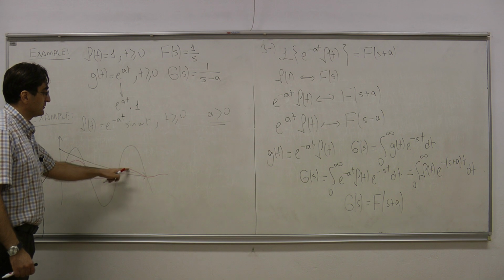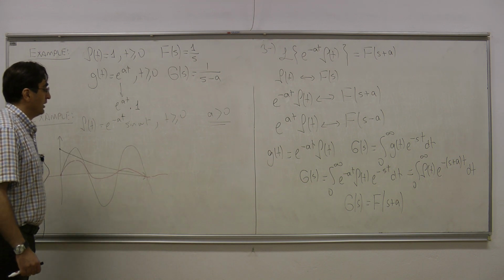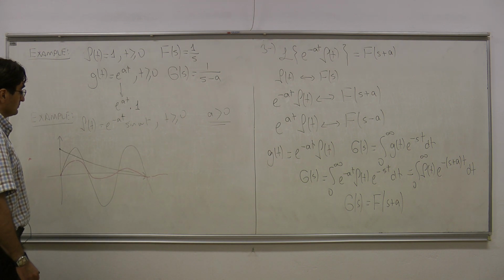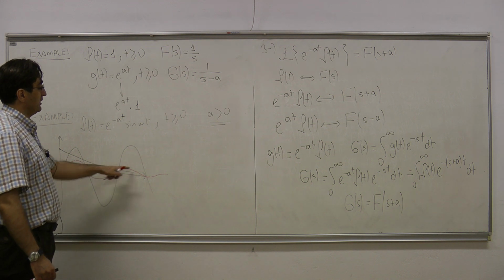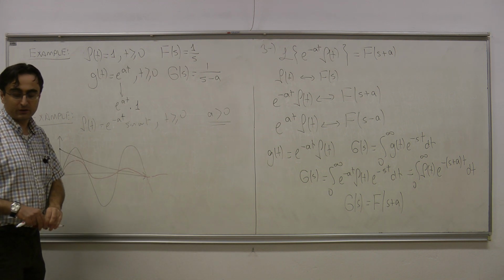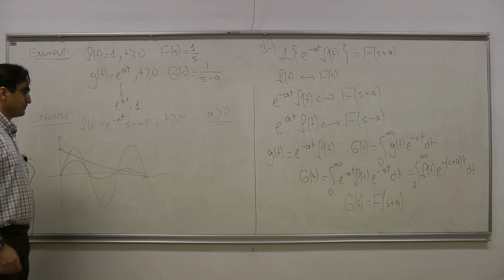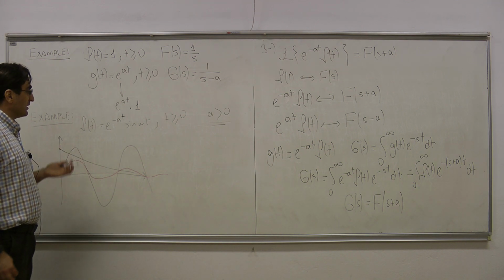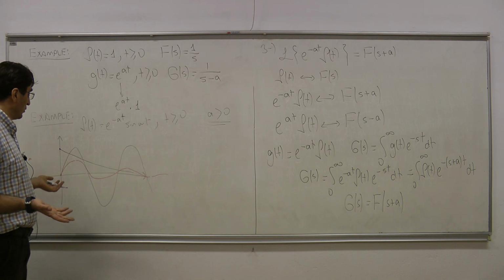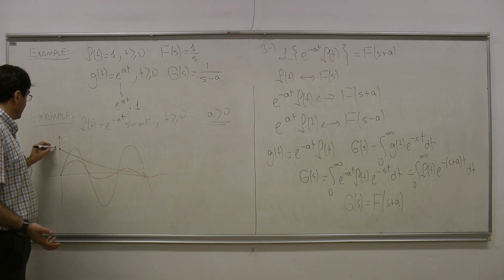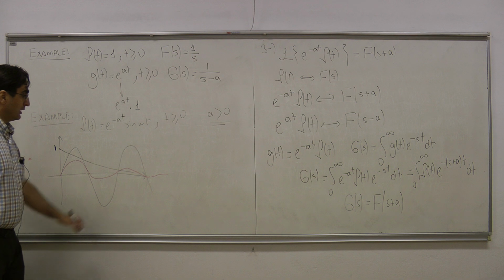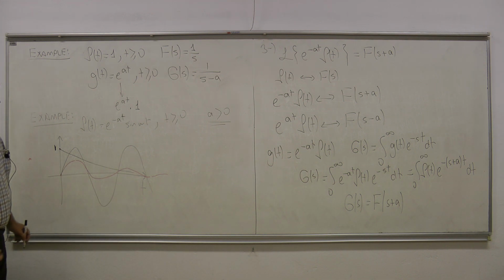Okay, it's going to be smaller and smaller at each time instant. Therefore, I would have a decaying sine function here, which is e to the minus at sine omega t. So we are required to find what the Laplace transform of this function is. Here I have 1, and this is the time axis.